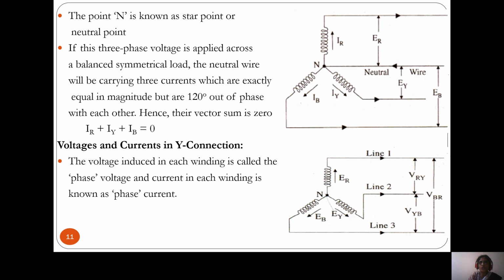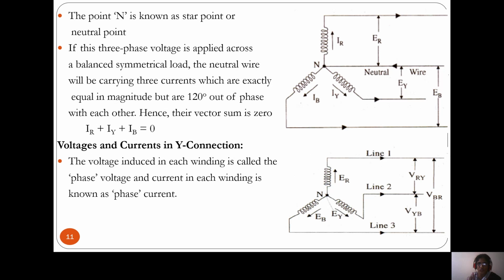The voltage induced in each winding, ER, EY, EB, is called the phase voltage. The voltage and current in each winding are known as phase voltage and phase current.